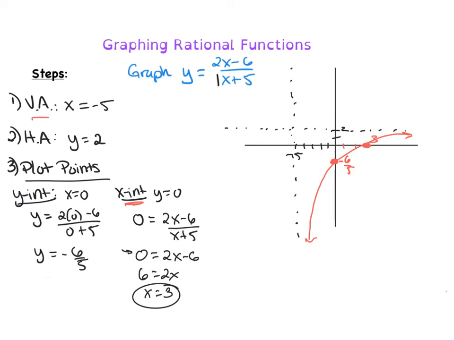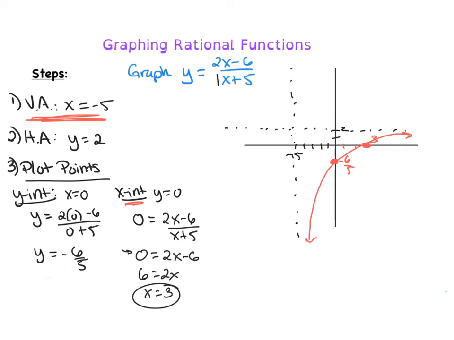We're never allowed to cross a vertical asymptote because it comes from when the denominator equals 0, and that's not okay. However, sometimes we can cross the horizontal asymptotes. So we know our graph goes up towards that horizontal asymptote, and we know it passes through x equals 3 and y equals 0.